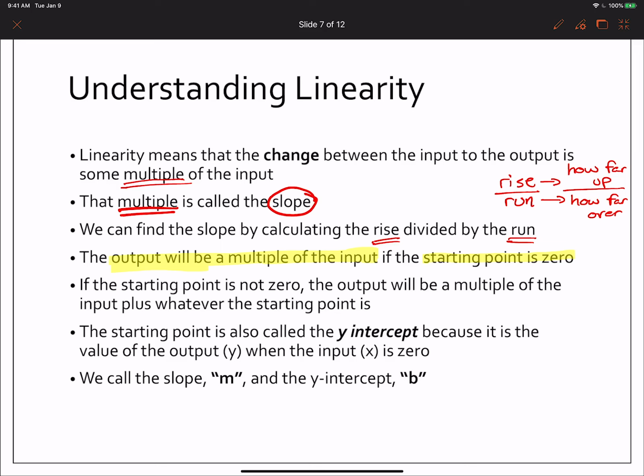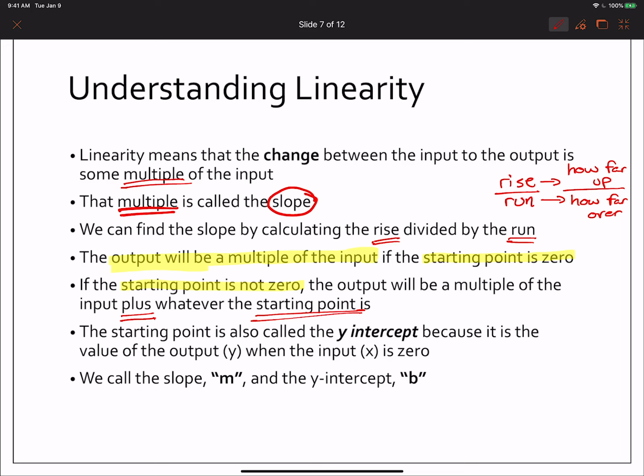But when our starting point is not 0, our output is going to be a multiple of the input plus whatever the starting point is. So it'll be the multiple of the input plus the starting point.